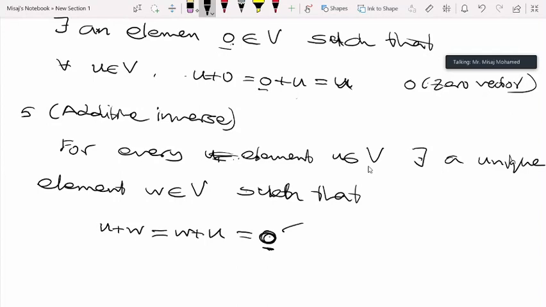This is identity, 0 vector. Additive identity.